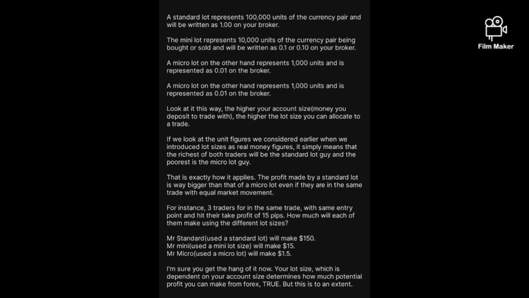Mr. Mini will make $15 and Mr. Micro will make $1.50. So can you now see the difference? I'm sure you get the hang of it now. Your lot size, which depends on your account size, determines how much potential profit you can make from forex.